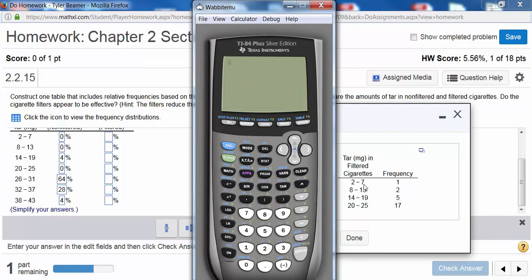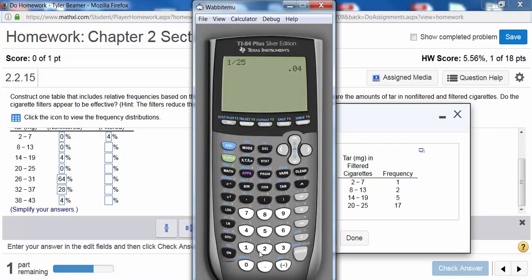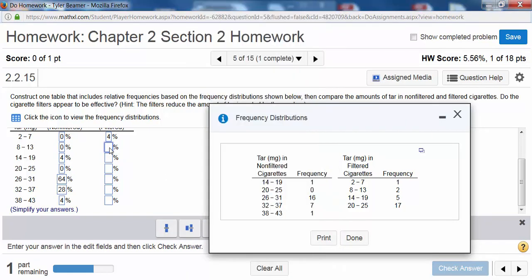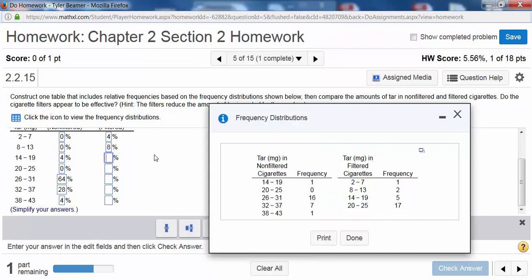So class 2 to 7 has 1 data point in it. So 1 out of 25, once again, 4%. The 8 to 13 class has 2 data points in it. So 8%. 14 to 19 has 5 data points in it. So 20%.